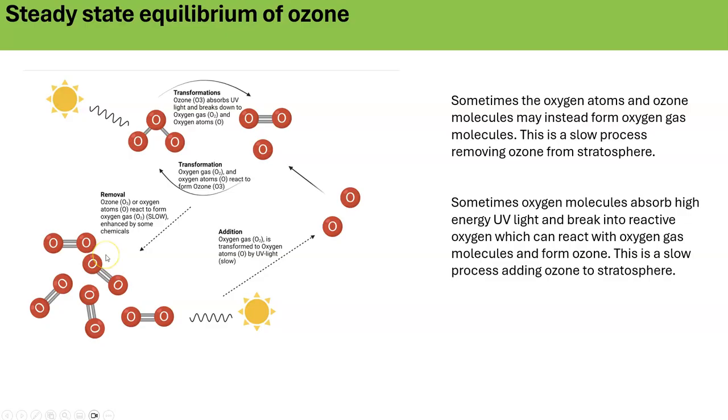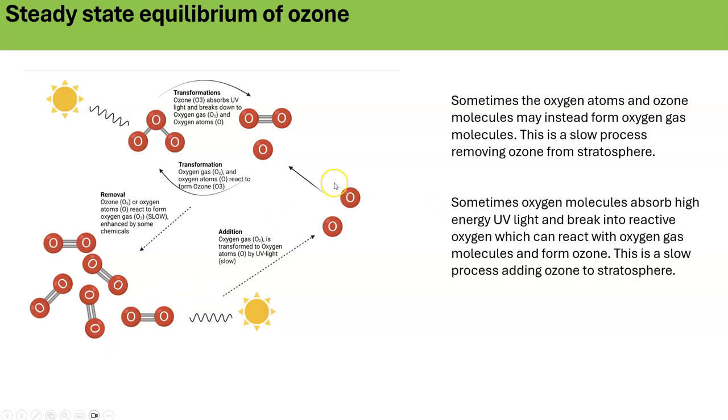This is a very slow process. However, there's also a very slow addition process, and that's when UV light hits an oxygen gas molecule, and that breaks it down into two oxygen atoms that then can interact with oxygen gas to form ozone again.